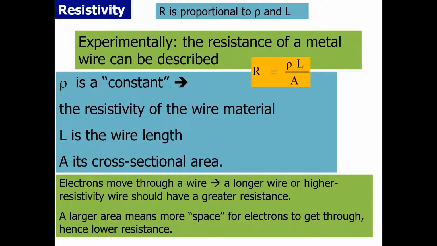If you look at the bottom green box, it says the electrons move through the wire, and that means that if you have a longer wire or a higher resistivity wire, it would have a greater resistance. And if you have a larger cross-sectional area, there is more space for the electrons to go through, and therefore the resistance is much lower.